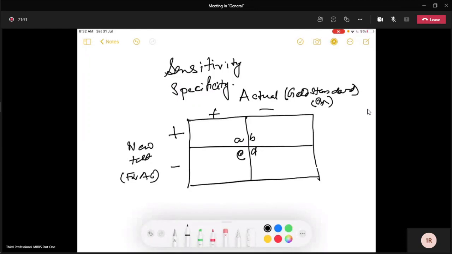Because the gold standard test has tested positive and the new test has also tested positive in A, it is the number of true positives. In cell D, the actual test has come out negative and the new test has also come out negative. So it is true negative.